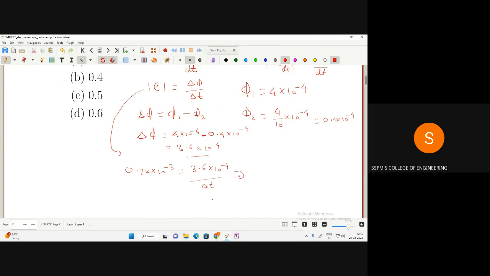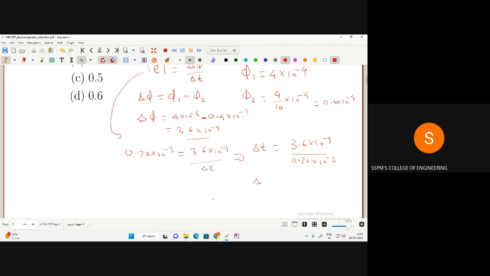So delta t is equal to 3.6 into 10 to the power minus 4 divided by 0.72 into 10 to the power minus 3, and it is equal to 3.6 into 10 to the power minus 1 divided by 0.72.